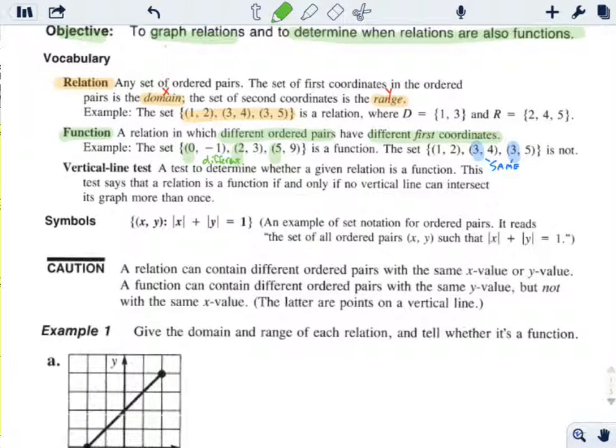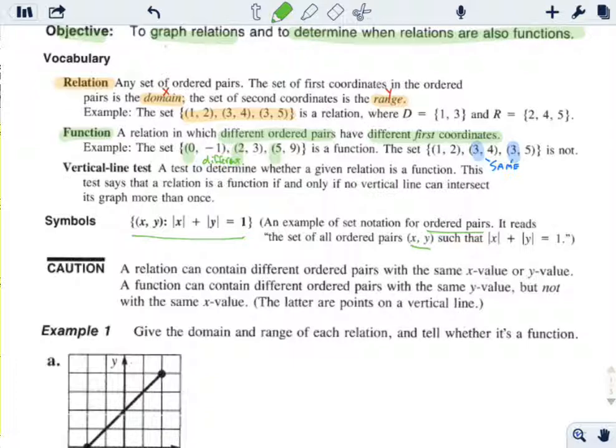We've got some symbols. This symbol here says the set of all ordered pairs (x, y) such that the absolute value of x plus the absolute value of y is equal to 1. That's just set notation. We might use that occasionally. A relation can contain different ordered pairs with the same x value or y value.